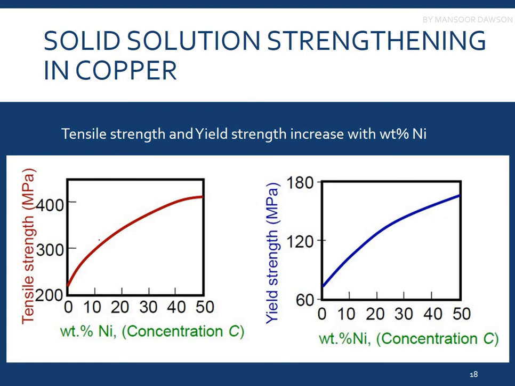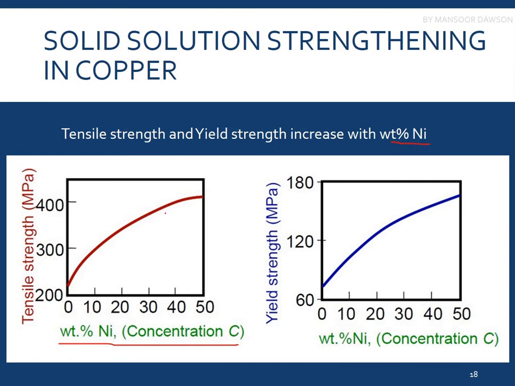You can see over here that this is a copper alloy, in which we are adding nickel. As the percentage of nickel is increased, here nickel is the impurity, the foreign atom which we are adding in the copper solution. When the percentage of nickel is high, you can see that the tensile strength is increased.